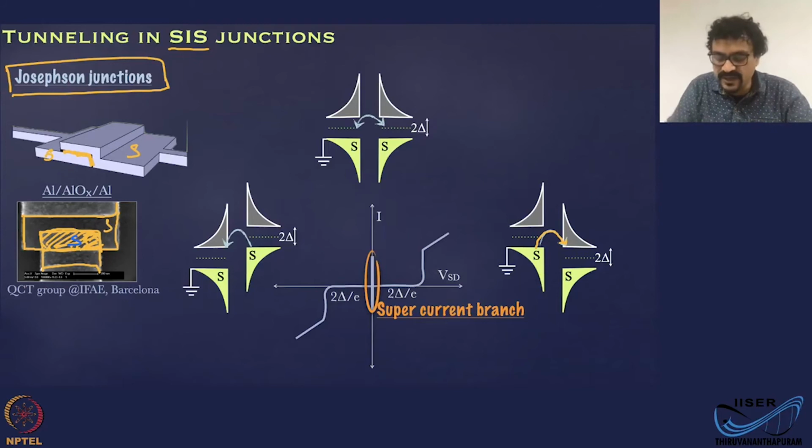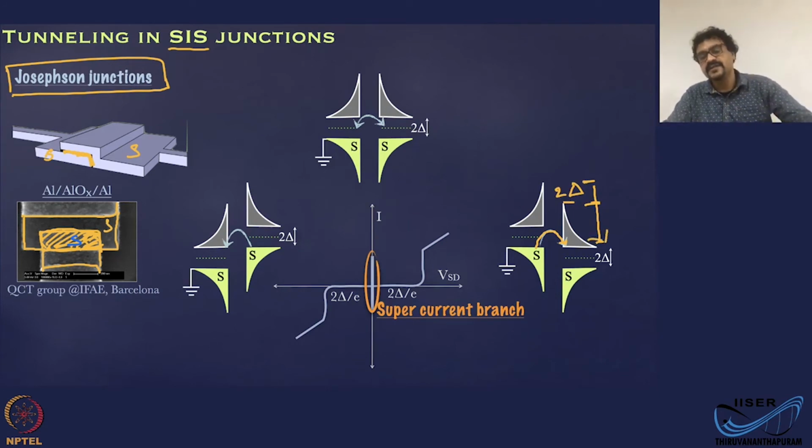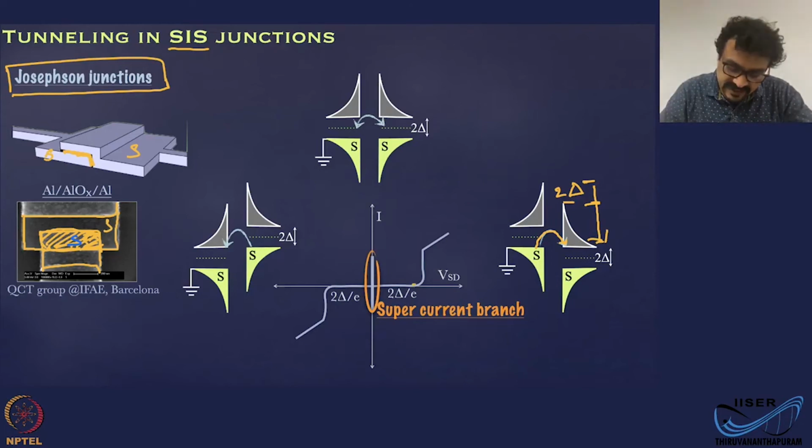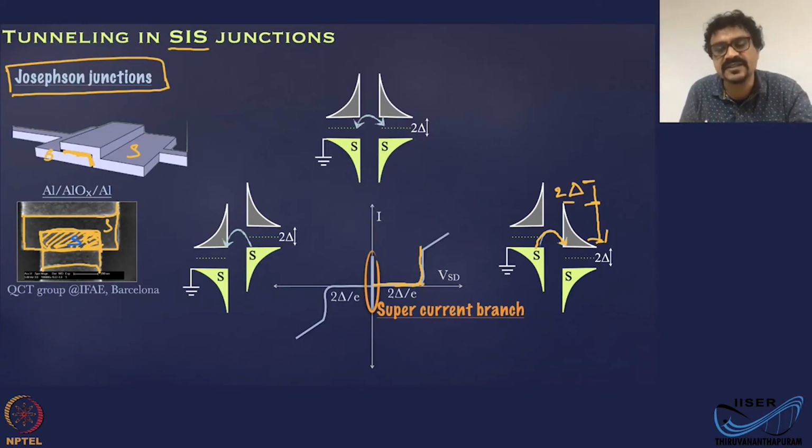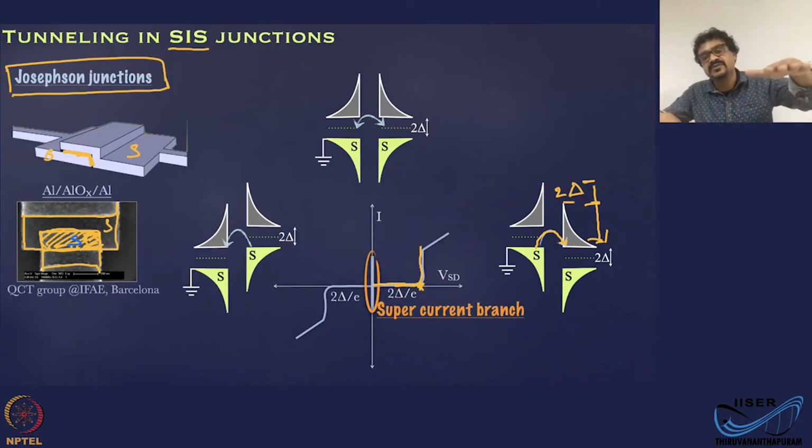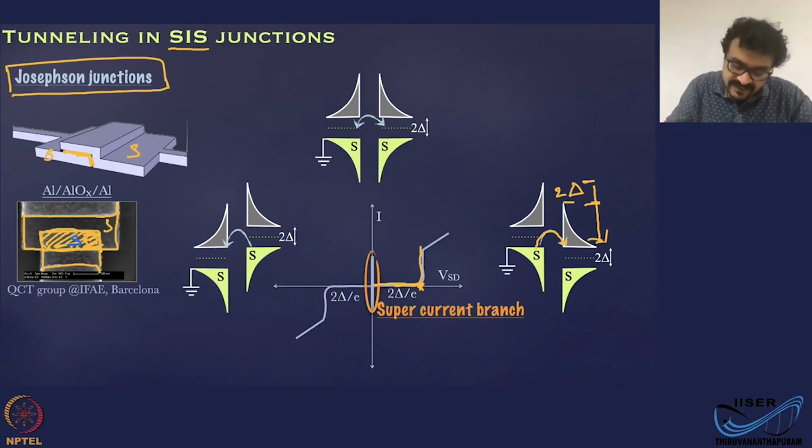So here we have moved by 2 delta. This is 2 delta. Now you can run a current through it, so you will see a rise in the current. There is no current due to electrons or quasi-particles in this region. And once you reach a voltage which aligns the empty states on one side with the filled states on the other side, the current will start flowing, and that's what it is.